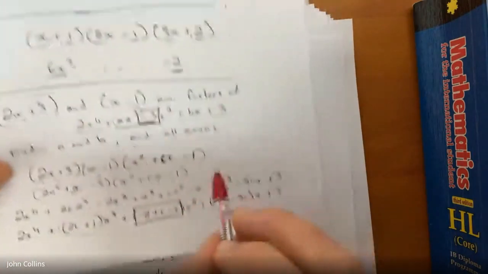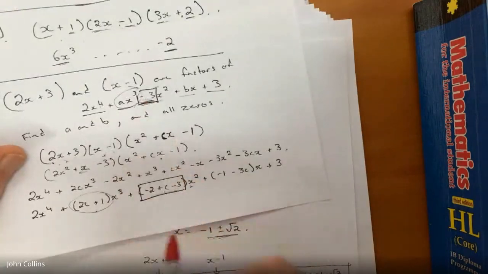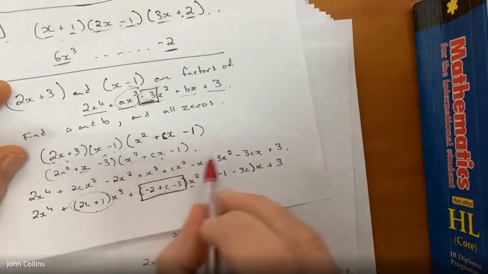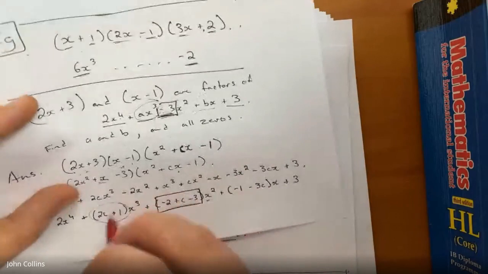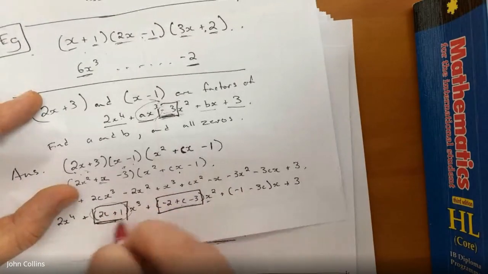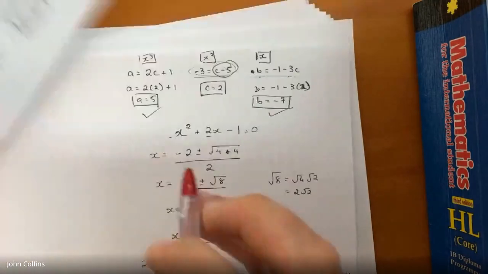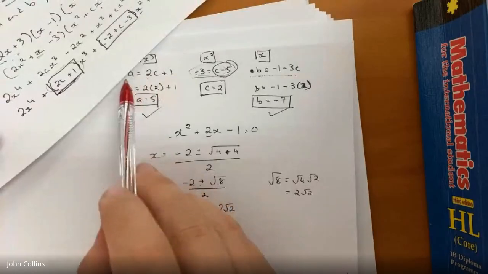And when I multiplied out, that's the whole crux of the question. You let the coefficients equal the coefficients. So 2c plus 1 here equals the coefficient of x cubed up here, a. 2c plus 1 equals a.